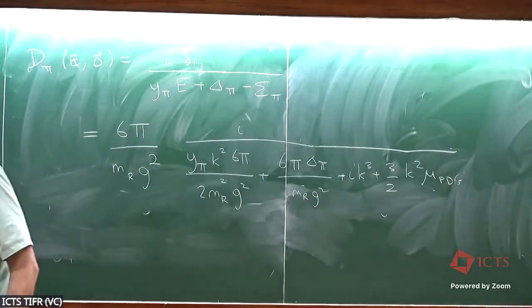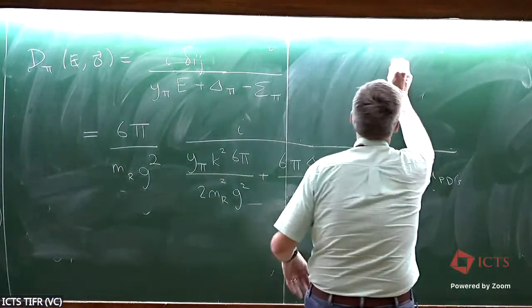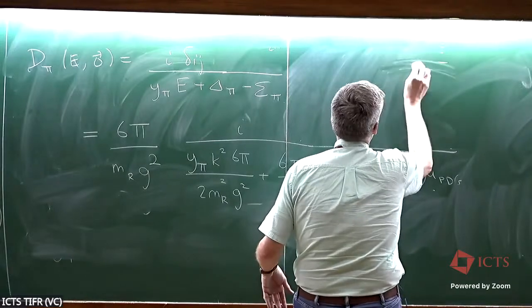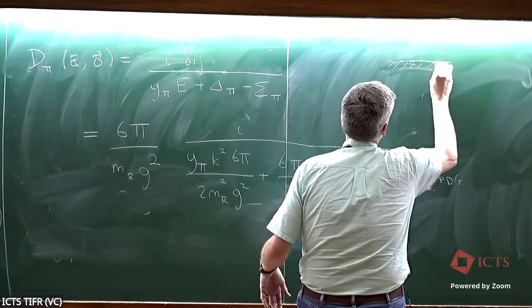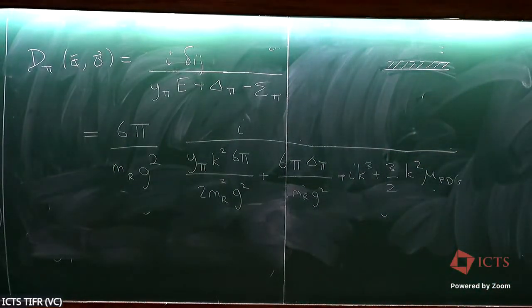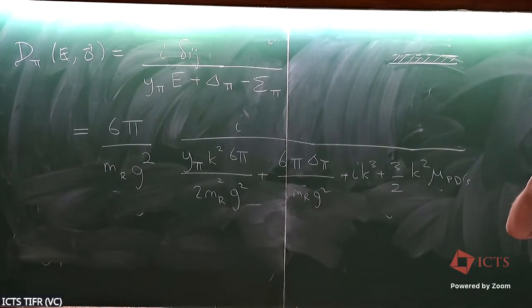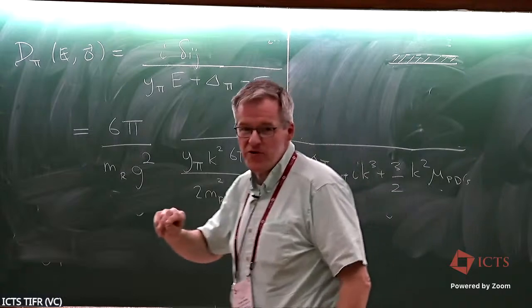So now, what do I have to do in order to turn this into an amplitude? This is the dressed dimer, right? So in order to turn this into an amplitude, I want the scattering amplitude, right?